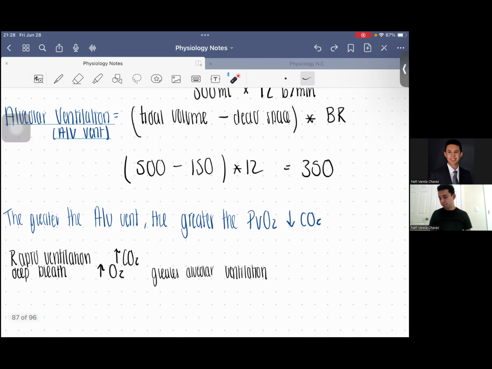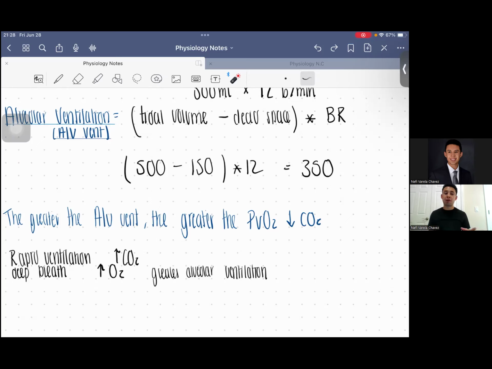Okay, so as we increase the alveolar ventilation, we are going to increase also the pressure of oxygen. And as a result, we will decrease the pressure of carbon dioxide. This is going to happen as we have rapid respiration. We are going to increase the concentration of carbon dioxide.